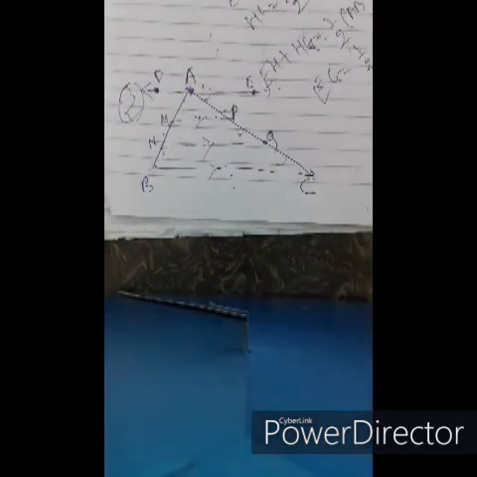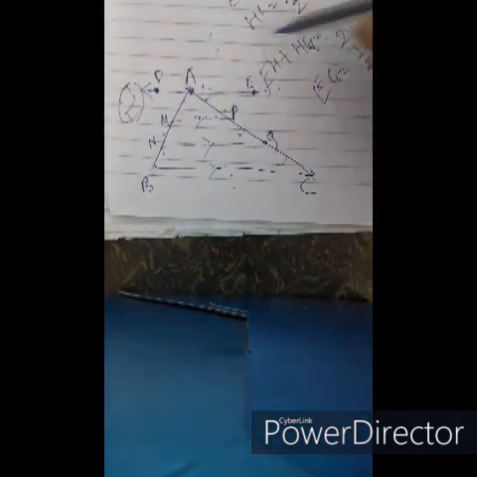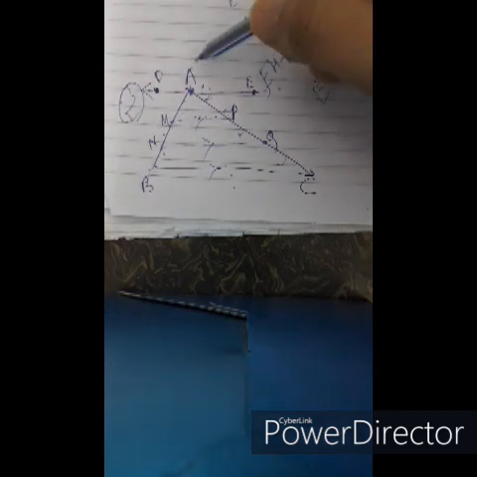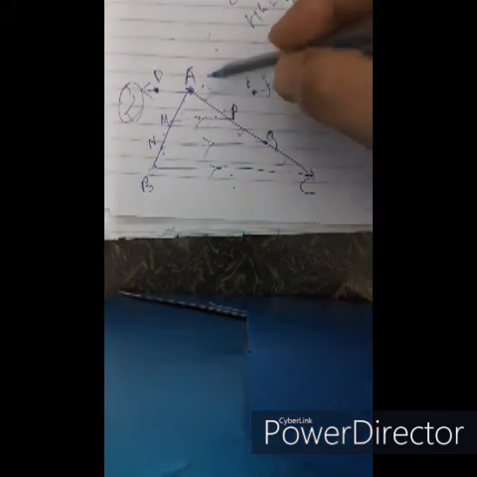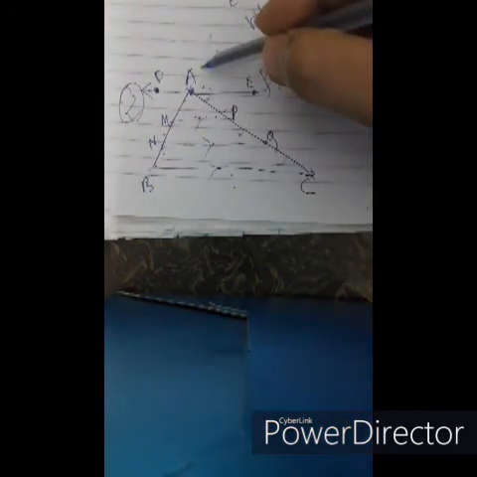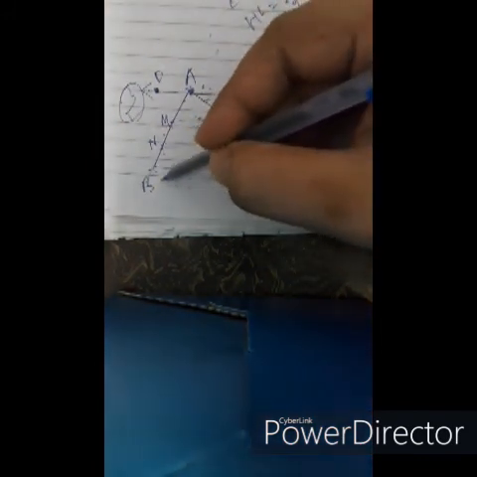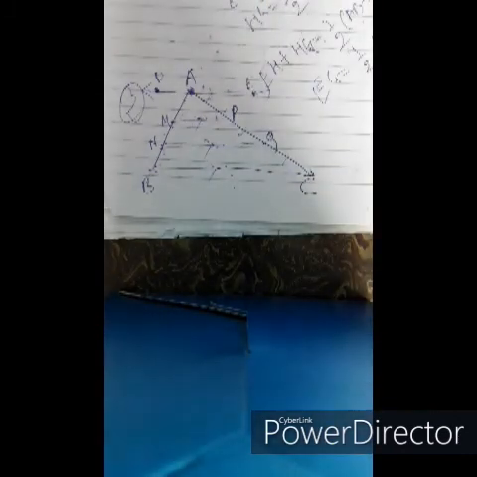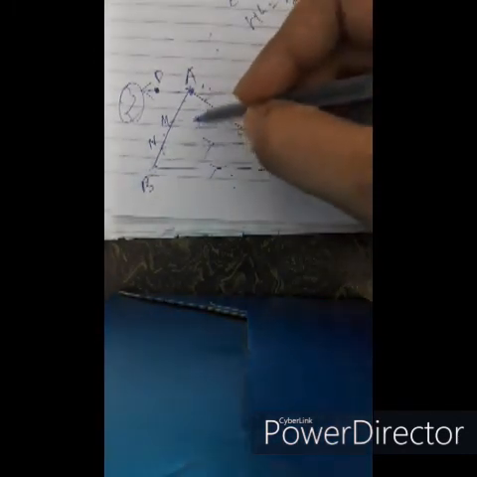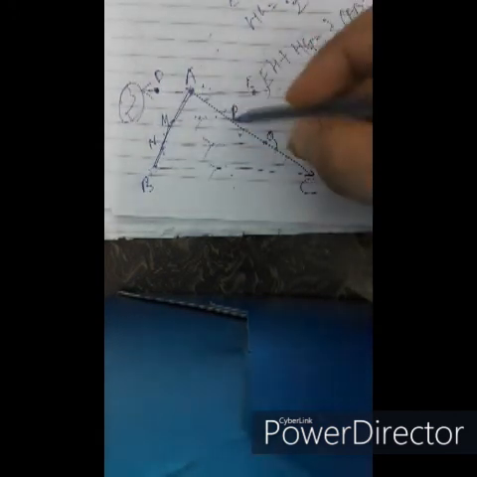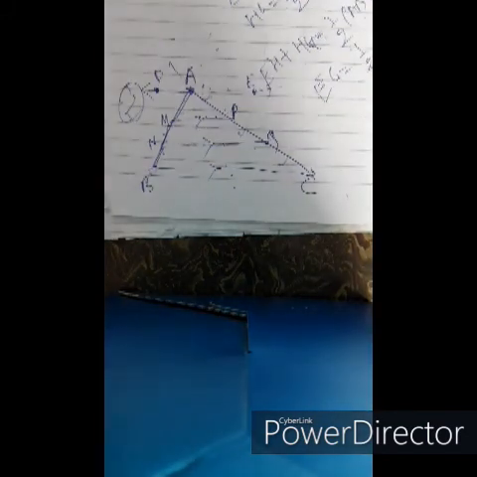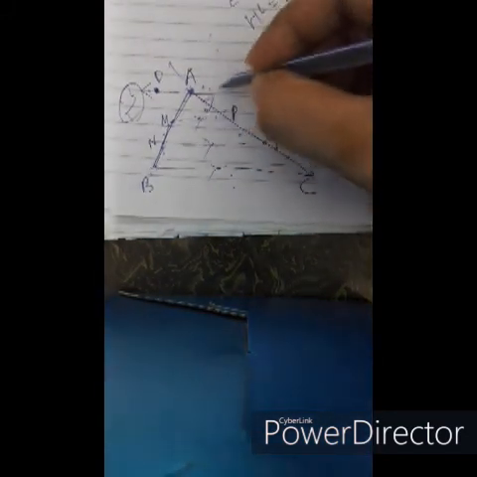We know that according to the intercept theorem, when one transversal is made on any number of parallel lines and makes equal intercepts on those lines, then any other transversal drawn on those parallel lines also makes equal intercepts.